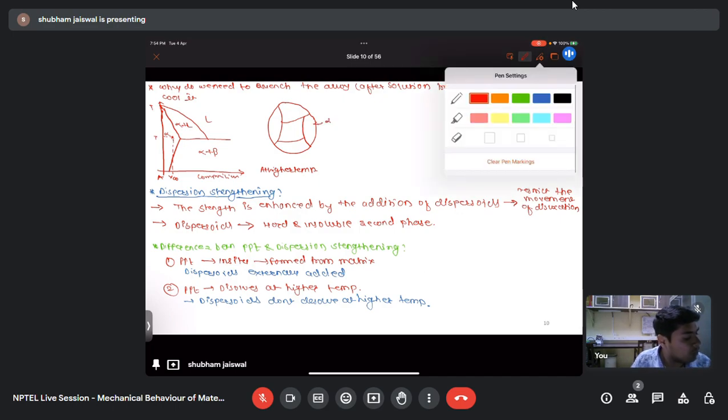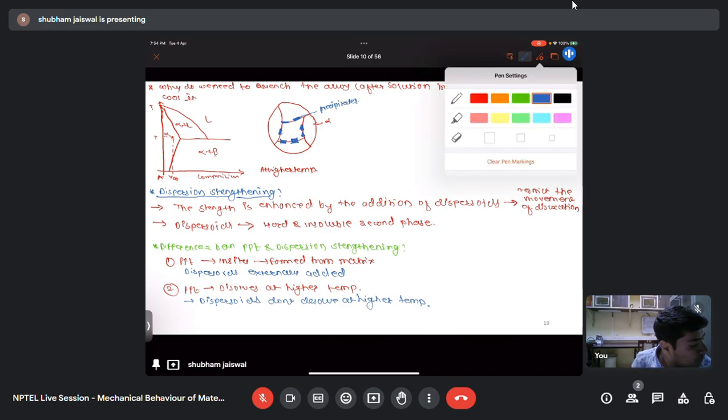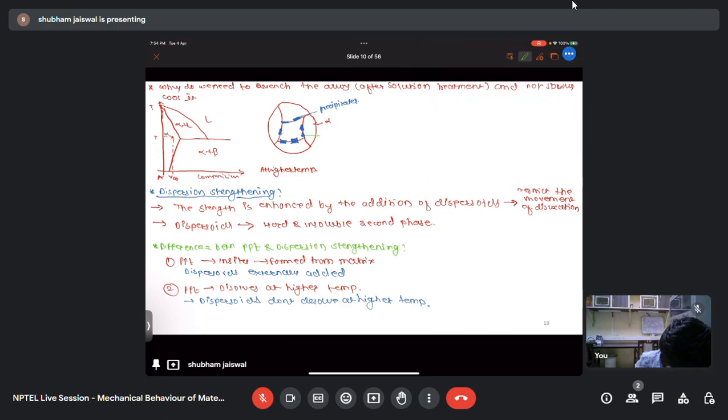Due to the higher thermal energy, the B atoms will get sufficient time to come out from the alpha, and they will precipitate at the grain boundaries. So these are precipitates, and this is the grain boundary.